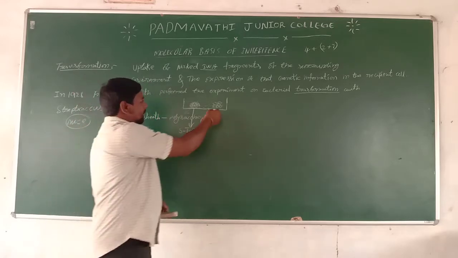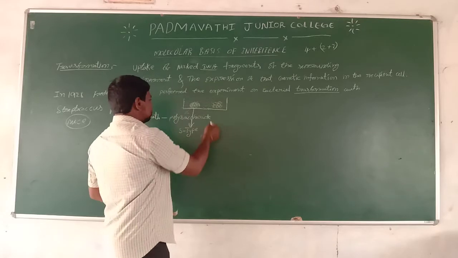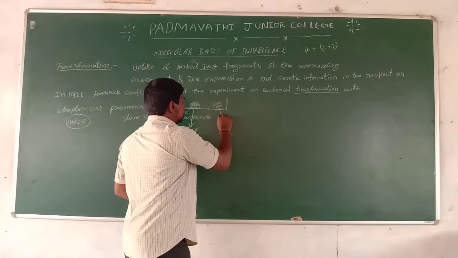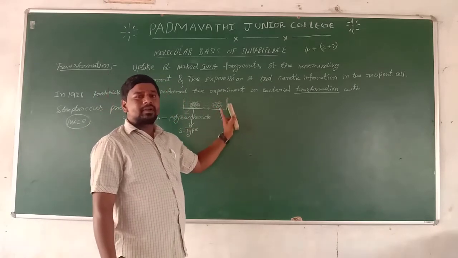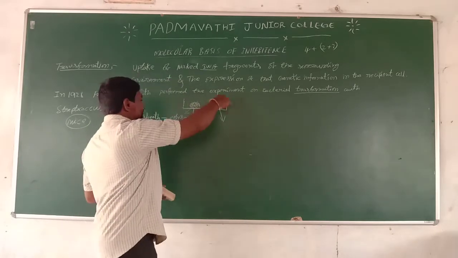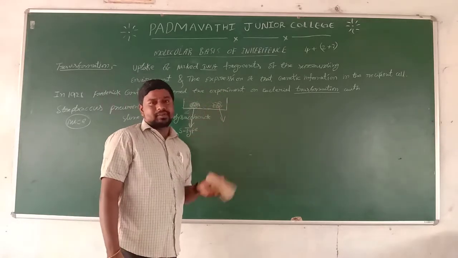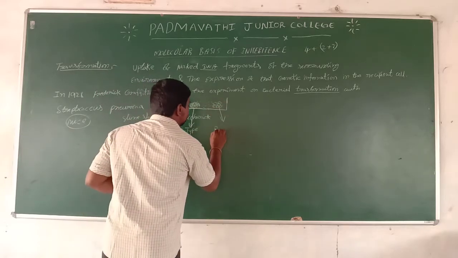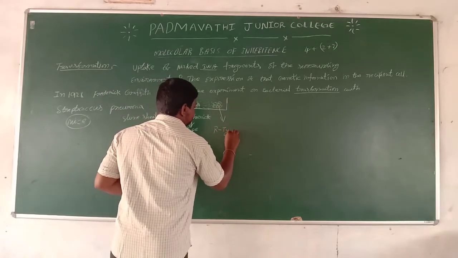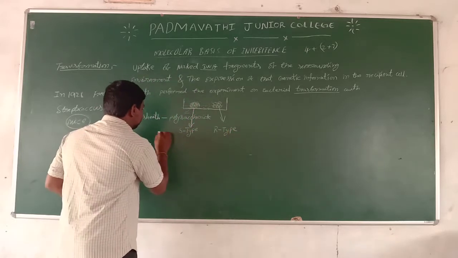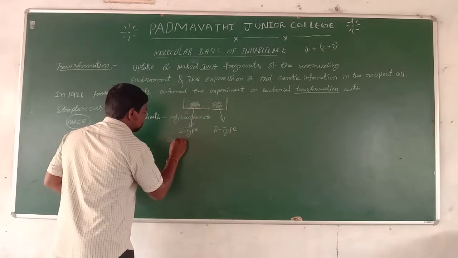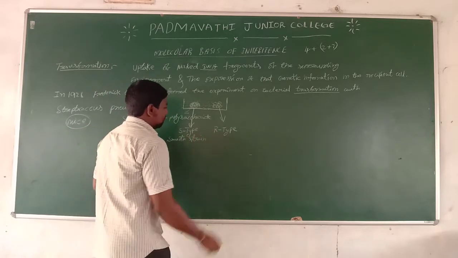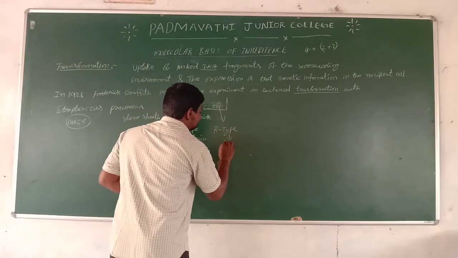Another one is forming rough strains, because there is no polysaccharide sheath around it. So it is known as rough type, R type. This is the smooth strain; this is the rough strain.